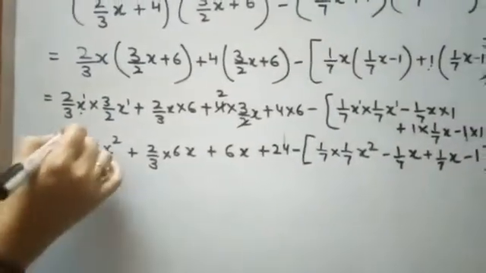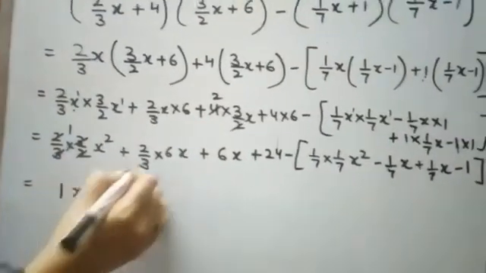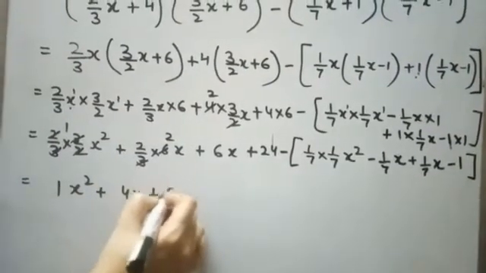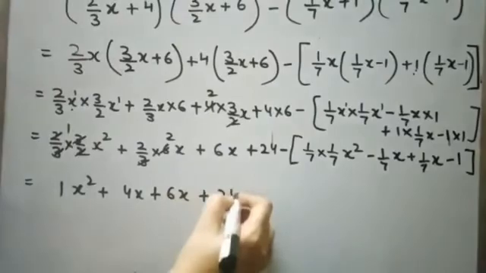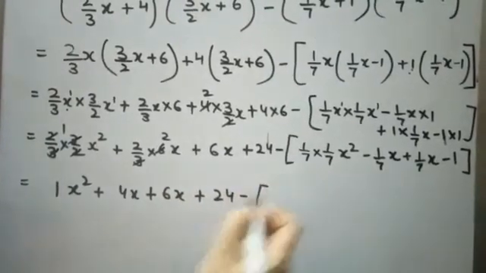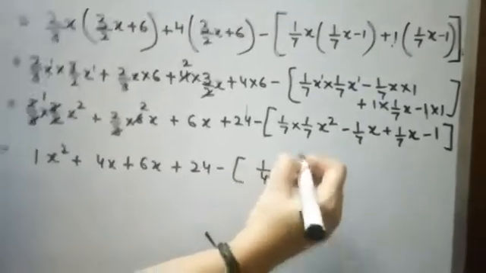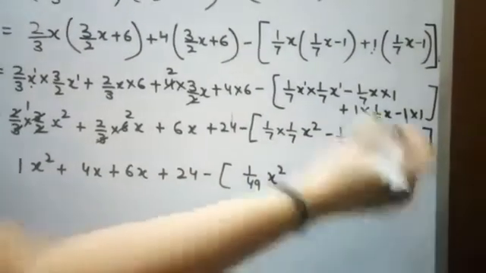What is left here? 1. Only 1. So 1x square, 3 2s are 6, plus 4x plus 6x plus 24, minus 1 by 7 into 1 by 7, that is 1 by 49x square, minus 1 by 7x plus 1 by 7x.